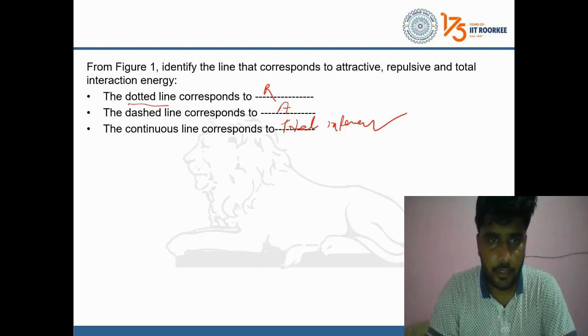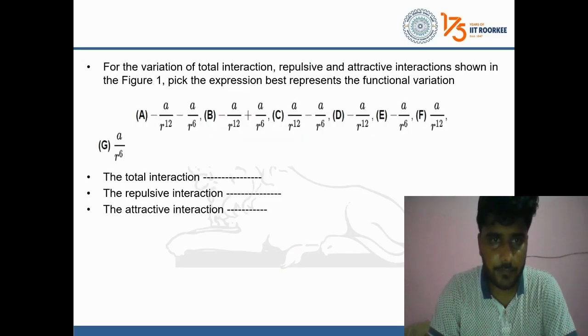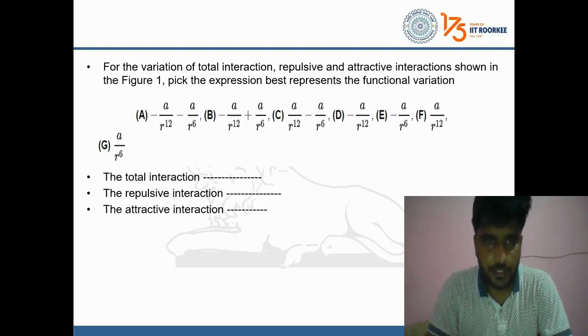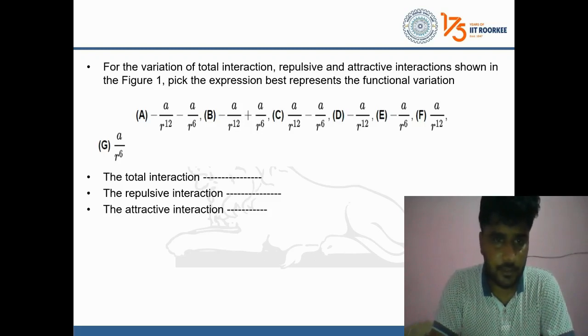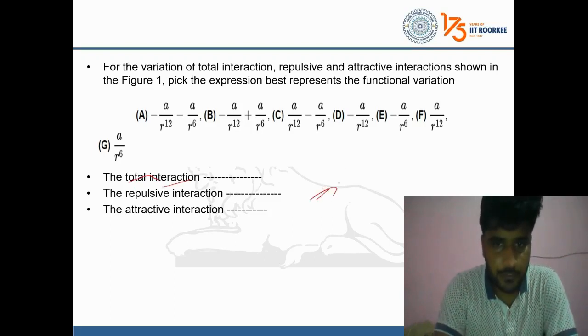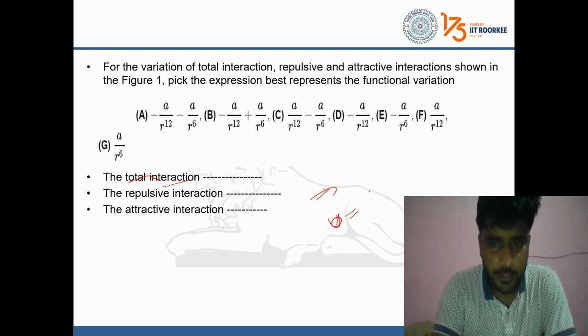Now I am going to the second question. For the variation of total interaction, repulsive and attractive interactions shown in this figure, you have to pick the expression that best represents the functional variations. For the total interaction, you are already aware of this formula: a x to the power minus 12 and x to the power minus 6.